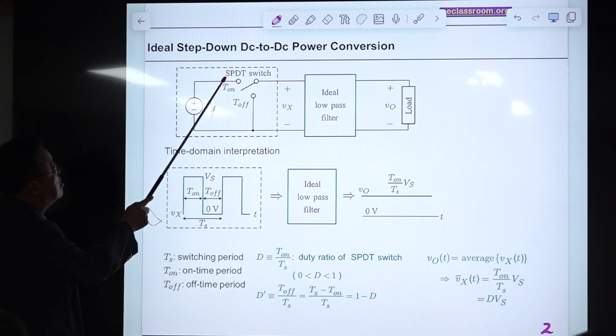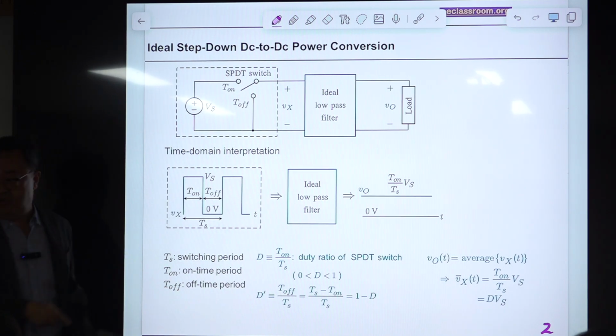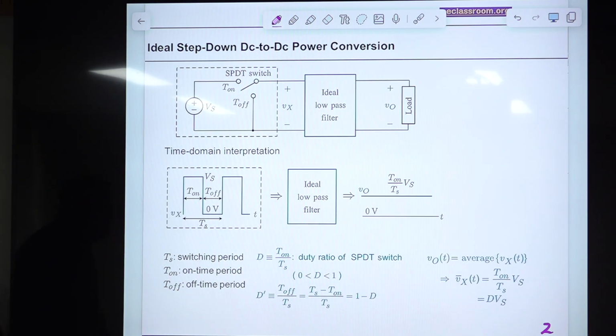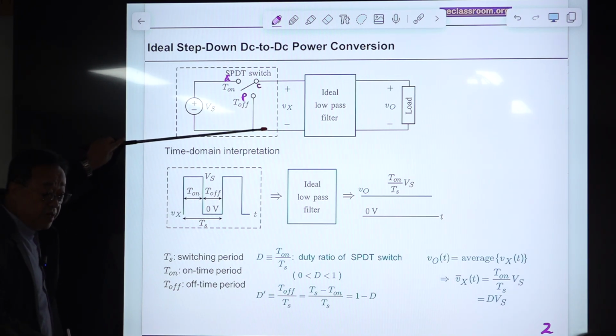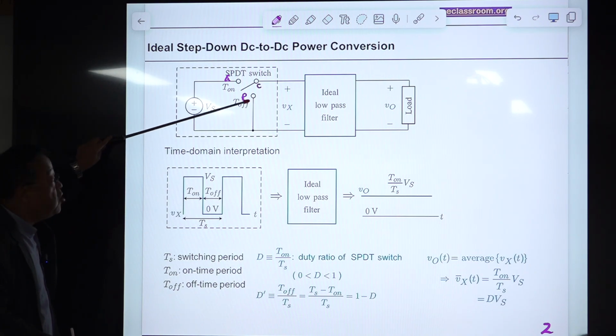This is called a double throw single pole switch. There is 1 pole here, called pole, and there are 2 throws, this is A and this is B. So this switch is connected here or here, one of the 2.